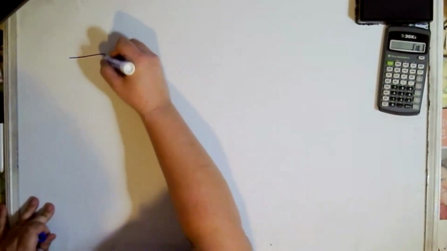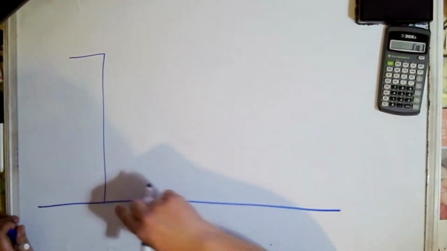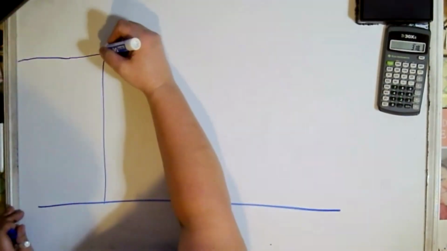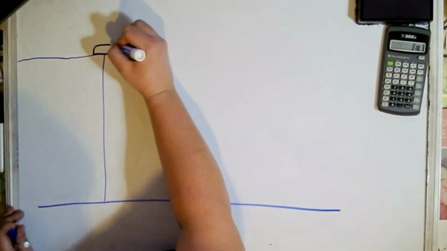I'm going to sketch out that really amazing picture from class. I'm sure everyone's thrilled. So imagine that we have a wall, we have the ground, and there's a building up here, and on top of this building is a 10-pound weight that's just sitting up there.